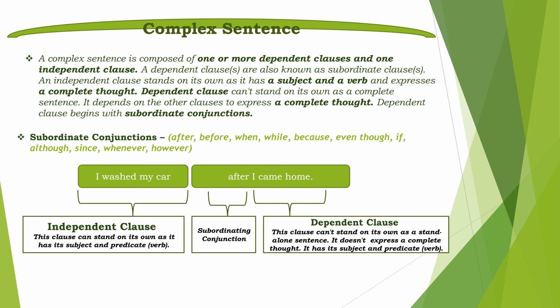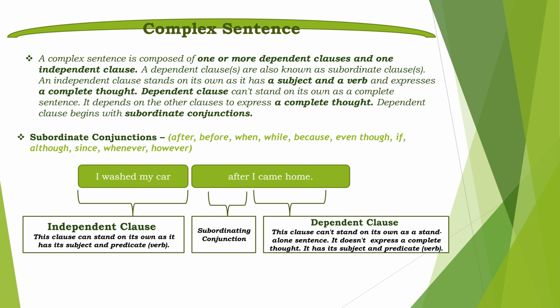The second part of the sentence is a dependent clause. This clause cannot stand on its own as a standalone sentence because it does not express a complete thought, though it has its own subject and a predicate. If we just read this part, the second part of the sentence, "after I came home," does it make any sense?